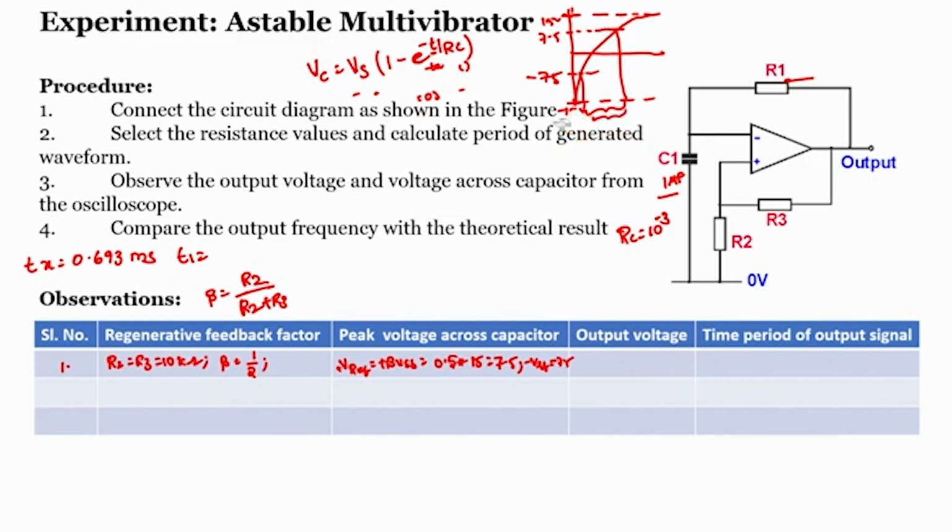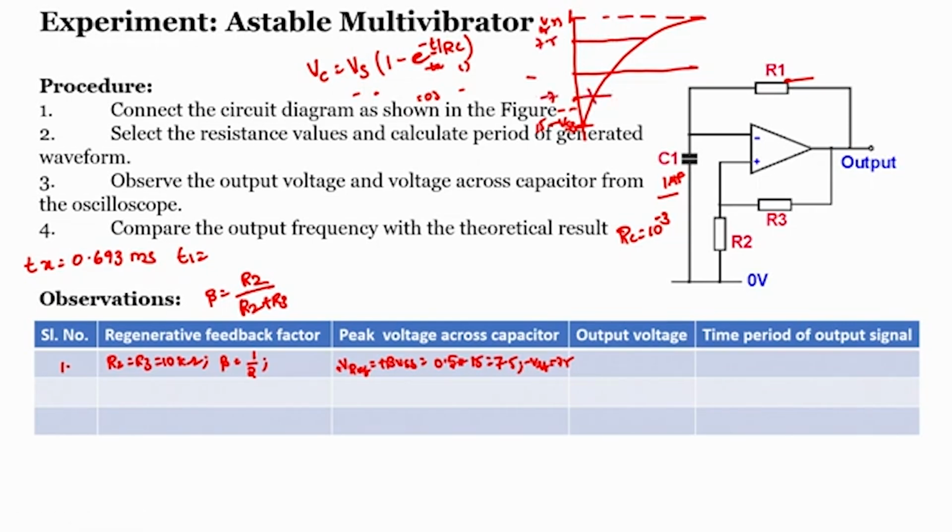Understand once again what I mean to say. I will write the bigger picture of this. This is the capacitor charging completely, this is minus VSS and this is plus VSS, in this case minus 15 and plus 15, but I need the capacitor at plus 7.5 and minus 7.5.